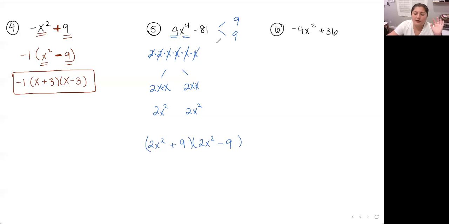Another reason why you would want to do positive and negative 9 in order to get your final answer is as follows. We're looking for factors of negative 81. When we look for factors of a negative number, one of them will always have to be negative and the other will have to be positive. So that's where I'm coming from with this whole positive negative angle.